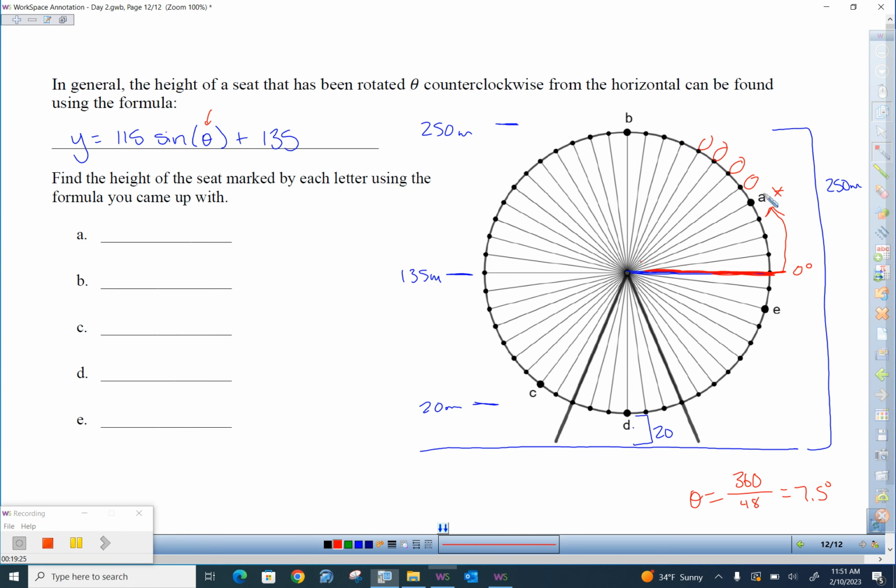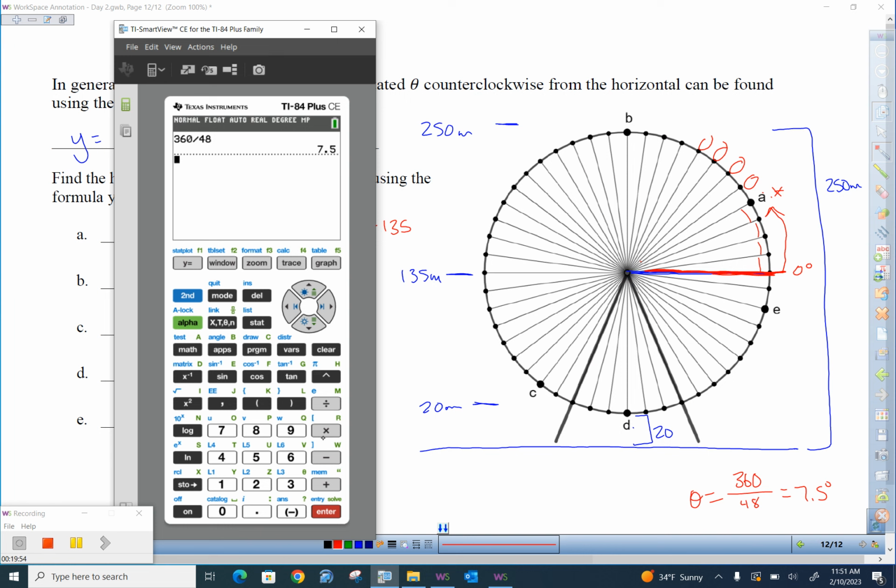And that's going to let us find this angle A because we have to just go up 1, 2, 3, 4 of those. So to the side here, go ahead and write your formula, 115 sine, and leave some space for your angle, and then plus that 135. And this is going to come from just taking 4 times that 7.5, since we know that's how many sections would get us there from our starting point of 0.